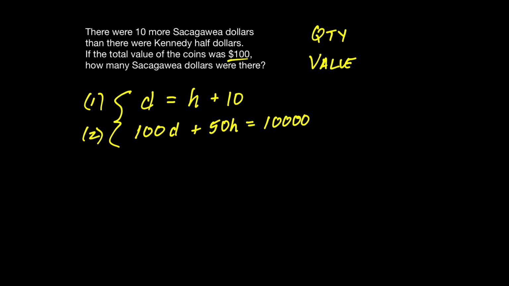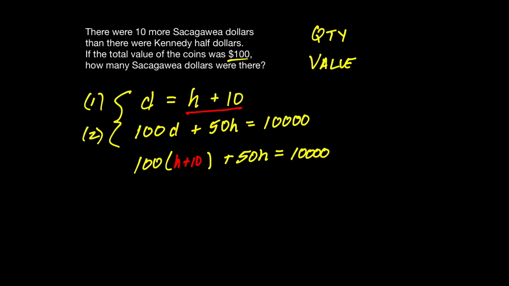The first equation is already solved for D in terms of H. So maybe I'll just substitute H plus 10 in place of this D. So 100 times D plus 50H equals 10,000 cents. I'm going to put this value in place of the D because that's what D is equal to, H plus 10.